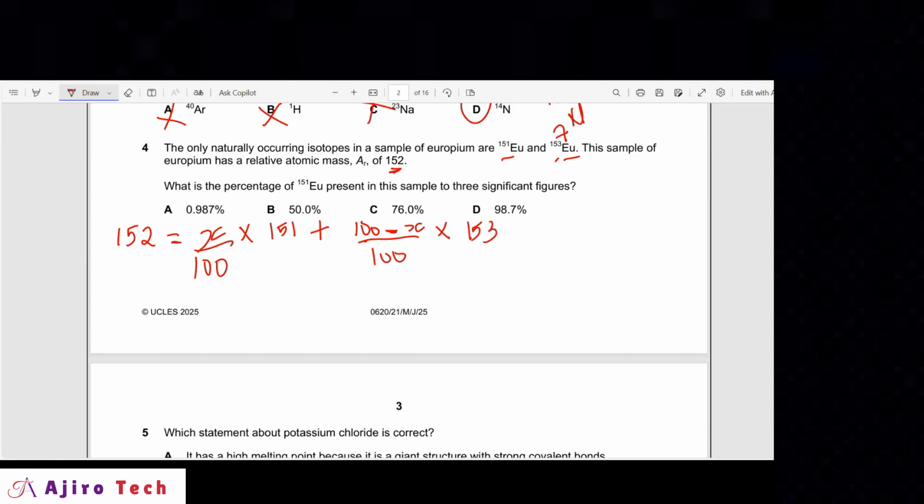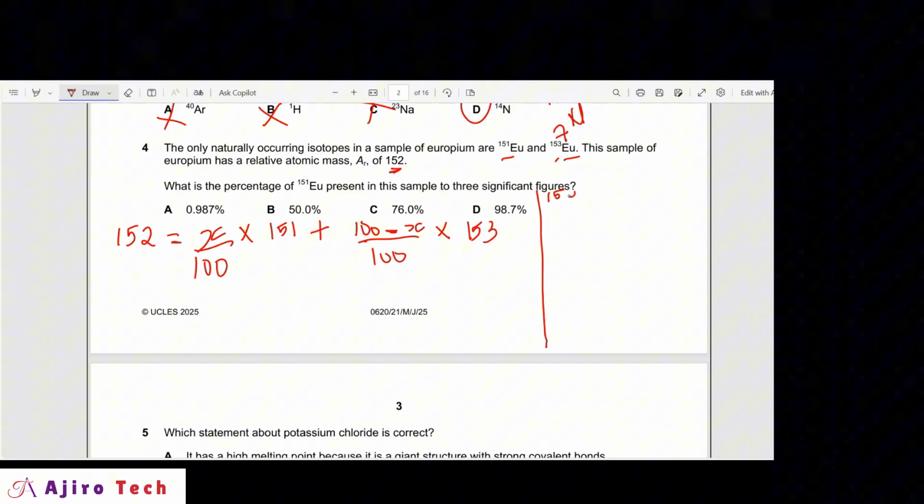So this is the way to go about this, applying the knowledge of using the unknown to get the known. Okay, so from here, based on your knowledge of mathematics, we can move forward.